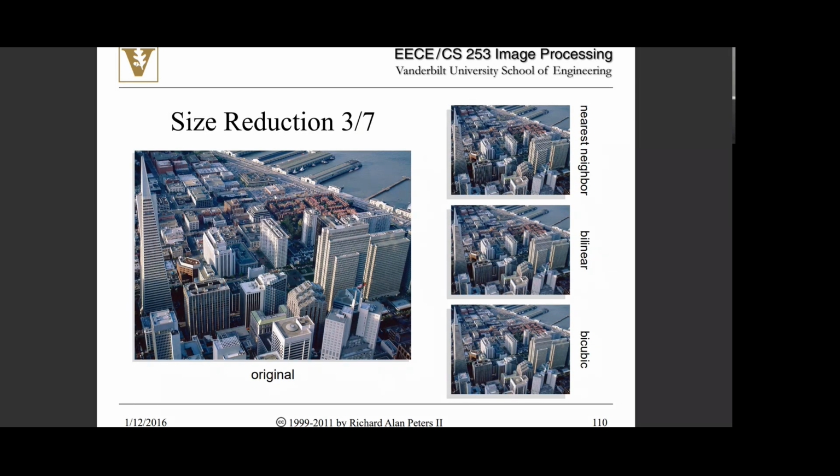Okay, so now we have the original image. Now we do nearest neighbor interpolation, and we understand in terms of Taylor expansion. This is an expansion of degree 0, degree 1, degree 3. So this one, we would expect to have lower quality than the other two. And that is really the case. Look at this window here.